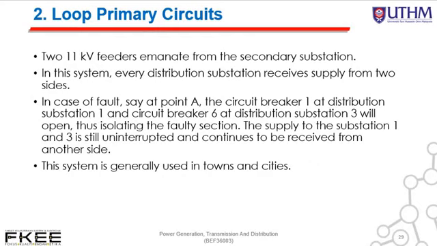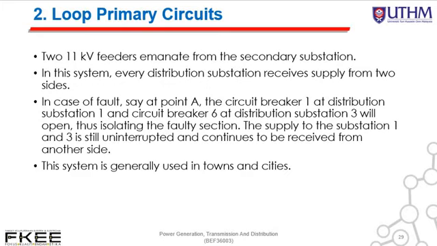In the loop primary circuit, each distribution transformer will be fed by two feeders that are in different paths. The feeders in the system form a loop which starts from the substation bus bar and runs through the load area feeding distribution transformers and returns to the substation bus bar.